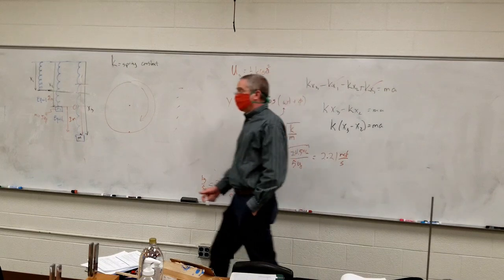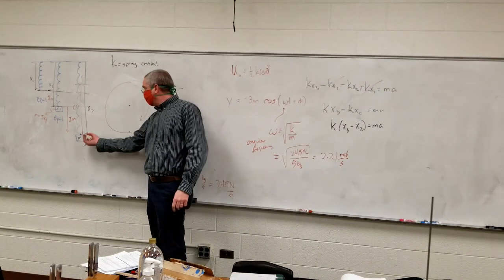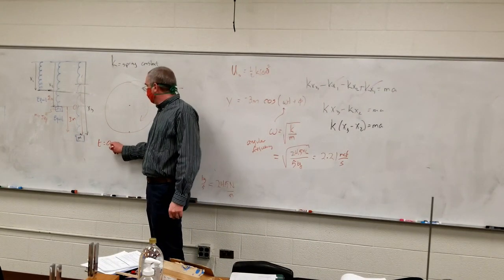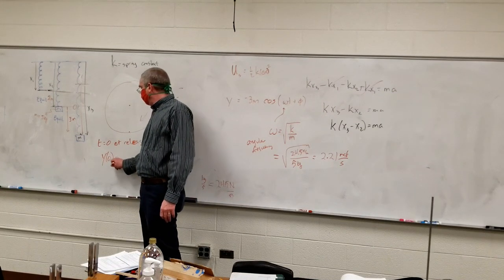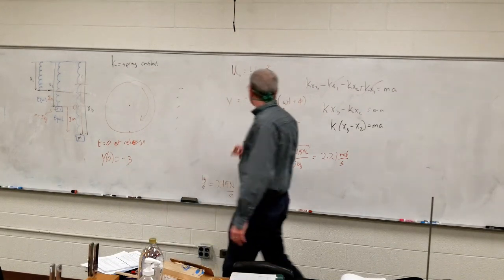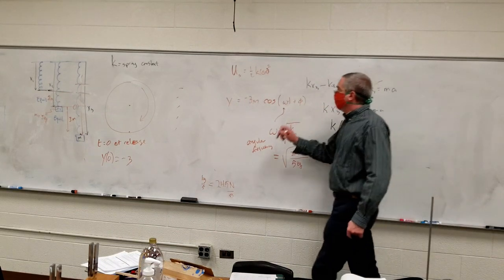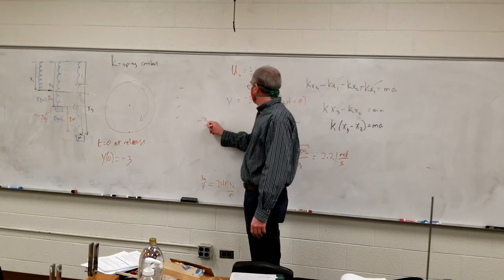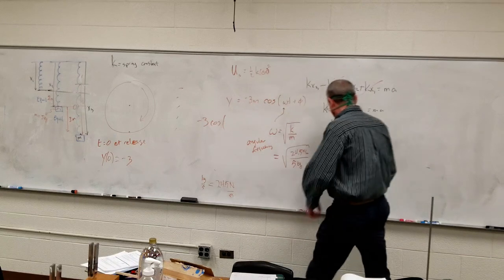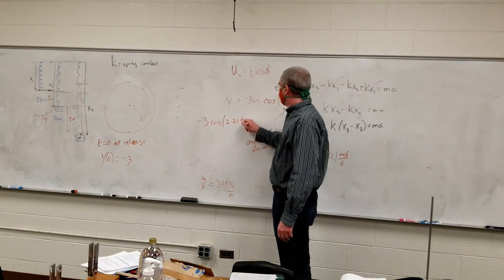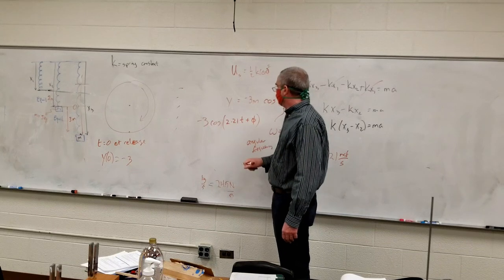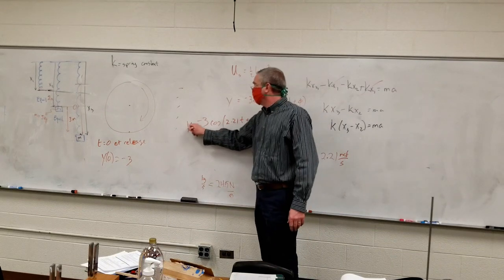All right. So if we say time is equal to 0 at release, what is the position at release? -3. So I've got -3 cosine of 2.21 t plus phi. That's my generic equation there.